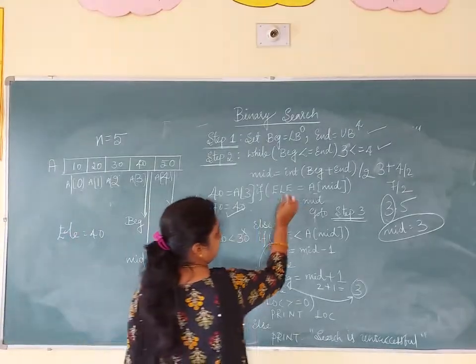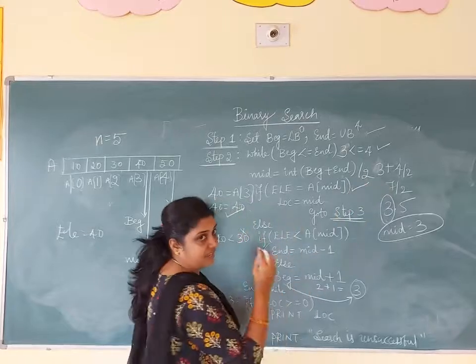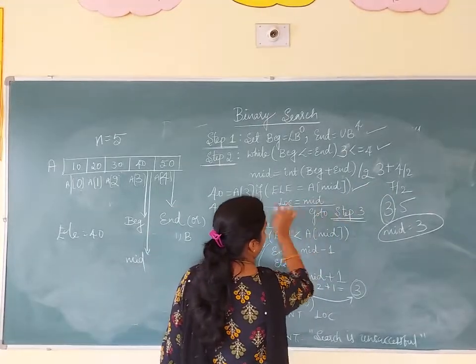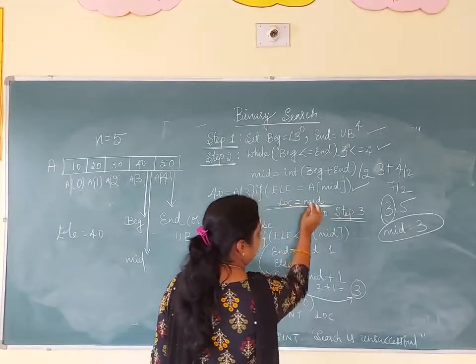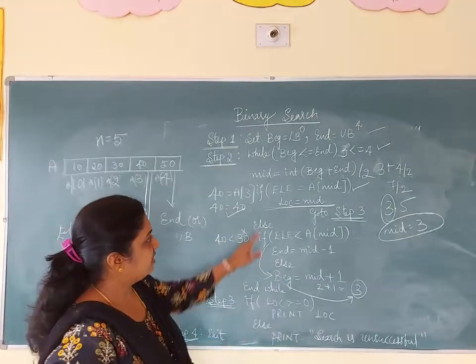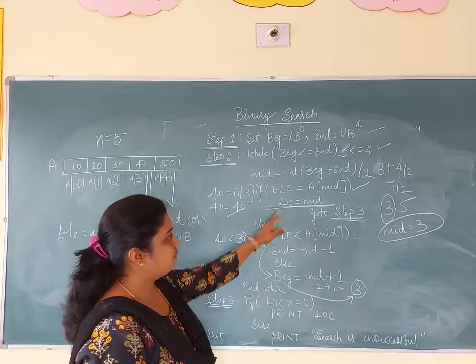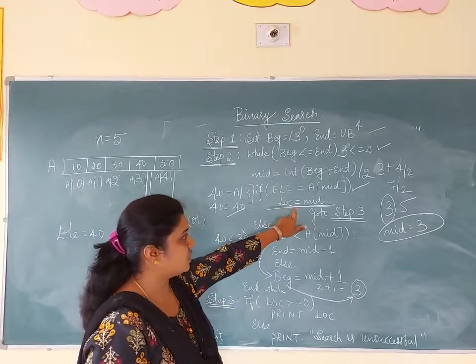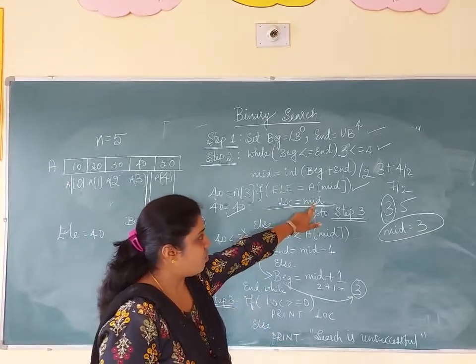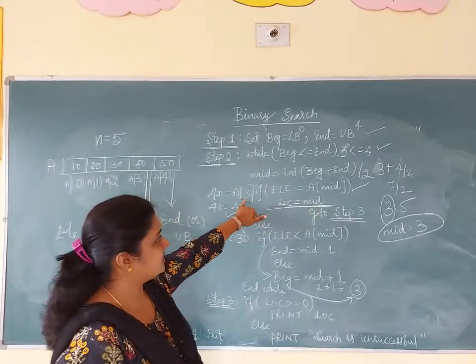If the condition is true, it will execute this statement, that is location is equal to mid. Whenever this if condition becomes true, it will execute the statement location is equal to mid. So what is my mid value? That is 3.